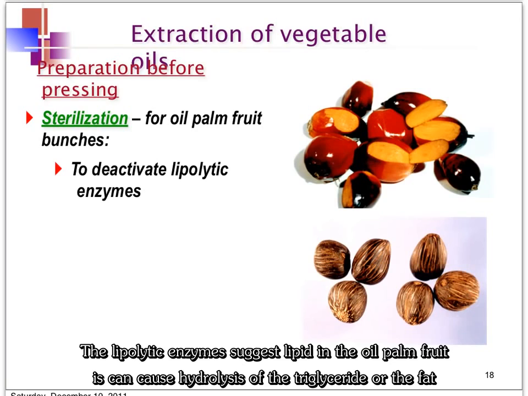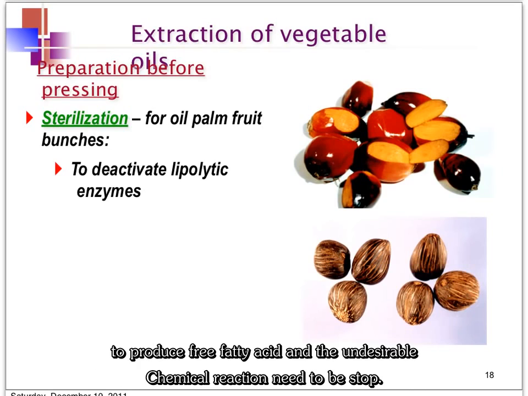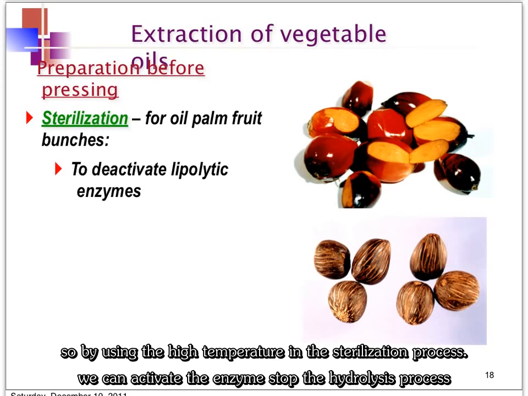The lipolytic enzymes such as lipase in the oil palm fruits can cause hydrolysis of the triglycerides, or the fat, to produce free fatty acid, and this is an undesirable chemical reaction that needs to be stopped. By using high temperature in the sterilization process, we can deactivate the enzyme and stop the hydrolysis.